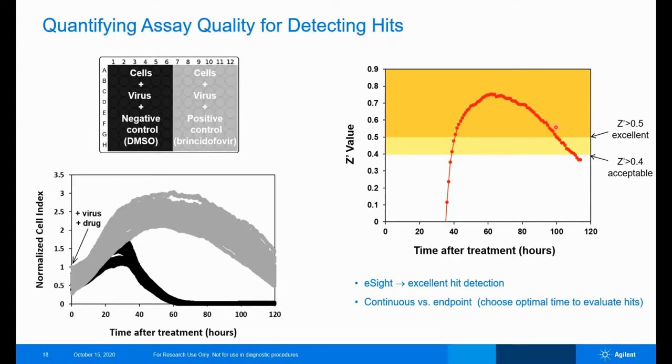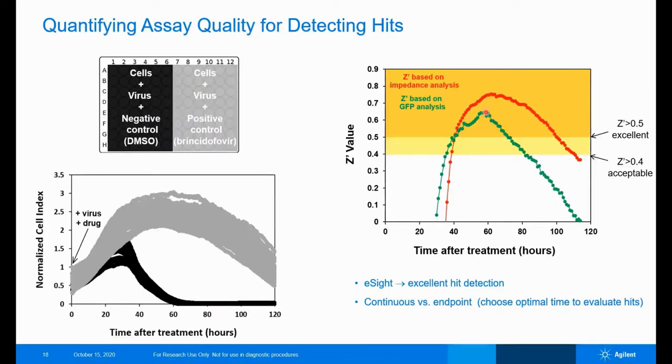Now we can do the same type of Z prime calculation using, rather than this impedance data, the virus-encoded GFP data, and that's being shown here. Two things to note: the curve shape is largely similar, but the Z prime score from impedance is always larger, or better, or more excellent than that determined based on imaging.